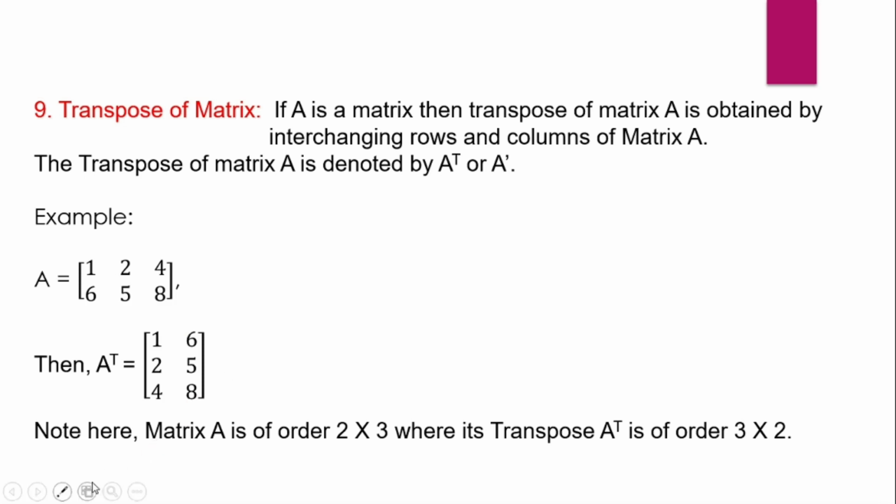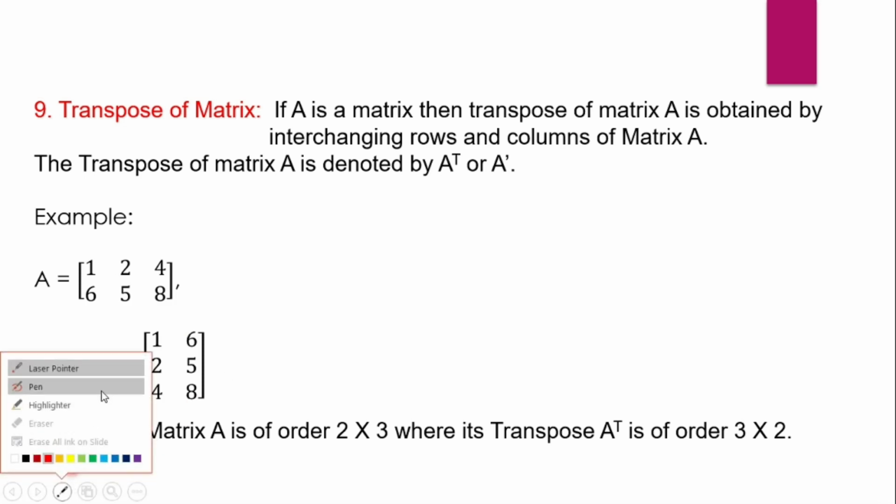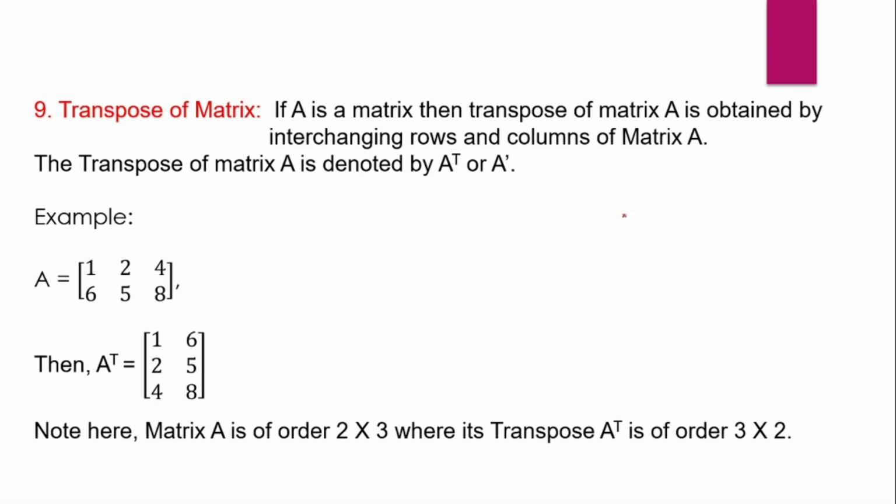Now, let's say we have a matrix A of order 4 cross 2. So the order of matrix A is 4 cross 2. If I transpose matrix A, its order becomes 2 cross 4.